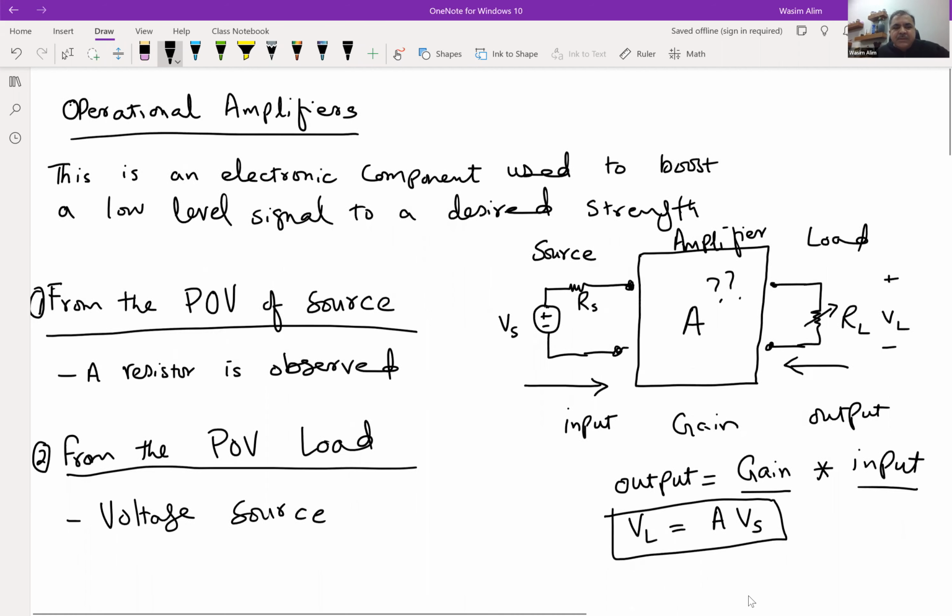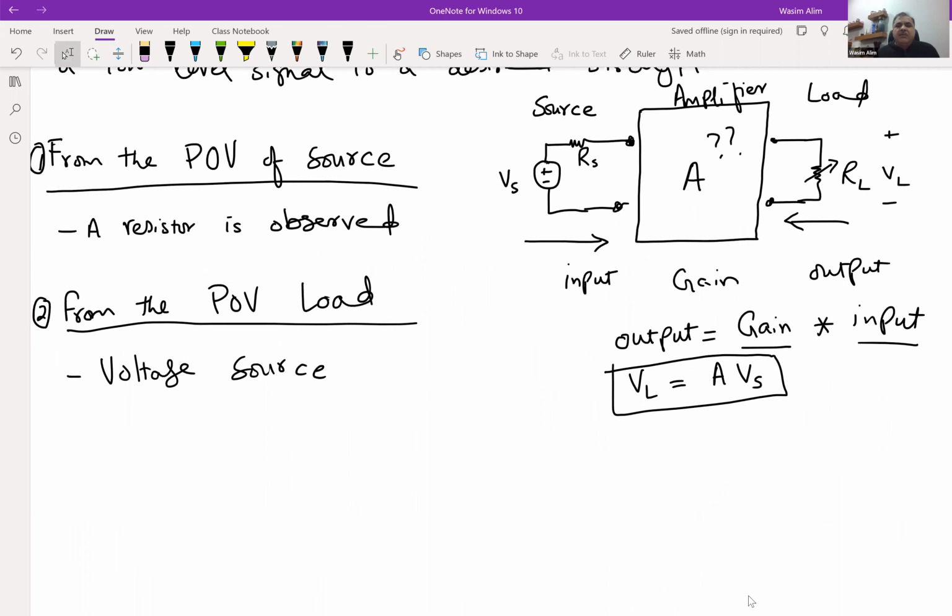So combining these two observations, one from the resistor side and the source side, and the one for the load side, we combine them together, right? So these black blocks could then be represented with this circuit here.